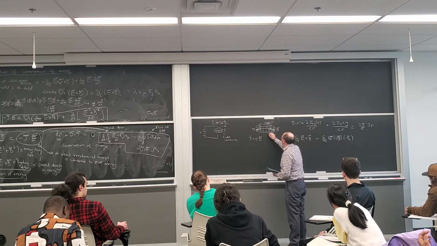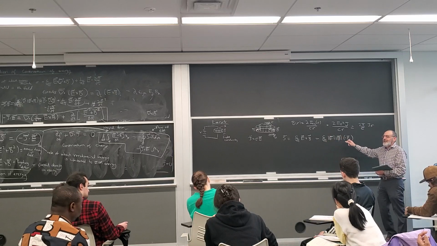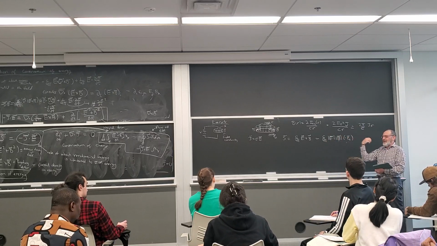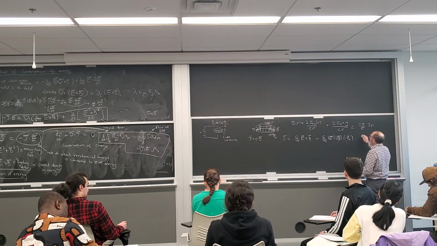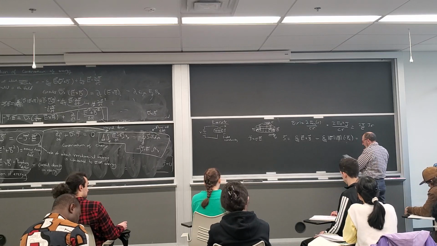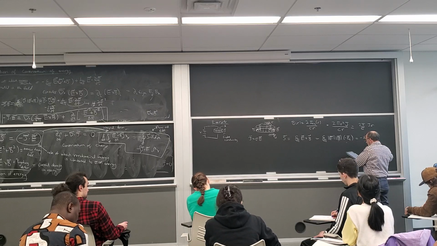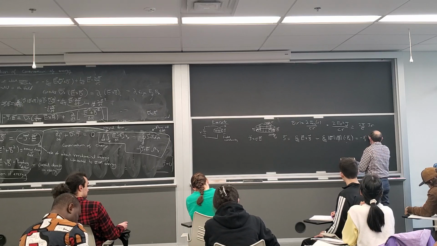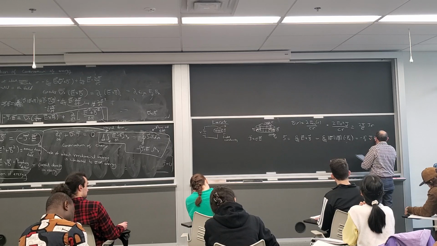Well, S points radially inward, so it's in the minus r direction, where r is the radial unit vector in cylindrical coordinates. So it's minus r over 2 times the magnitude of the current density J in that direction.